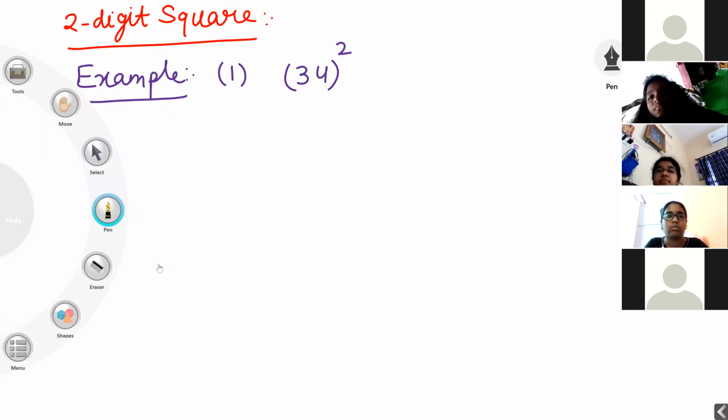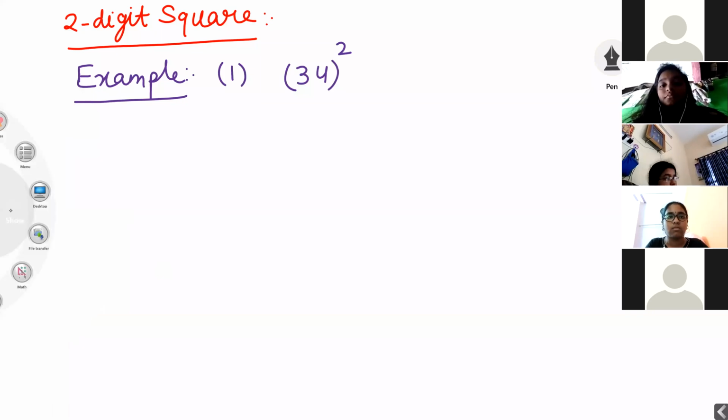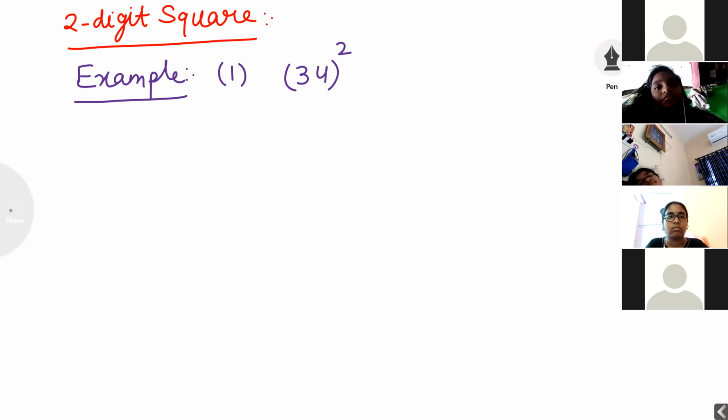In a previous class, we learned how to find a square if the ones place digit is 5. Today we are going to learn how to find the square of any 2-digit number that is given. I have written here 34 whole square.